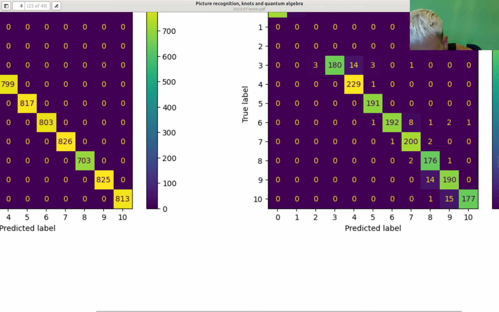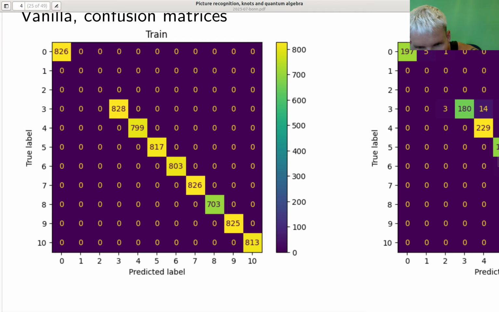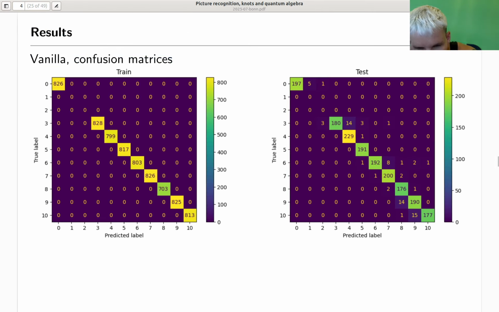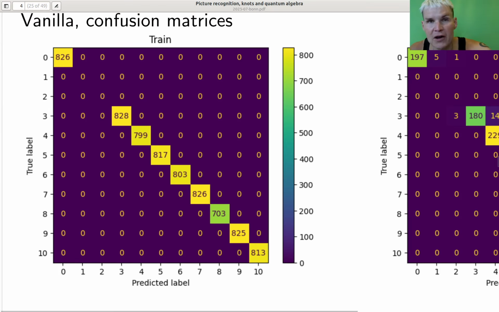So what really happens here, and that's why I don't like it: here it's 100%, it's perfect, and here it's not quite, right? So those two pictures are very different. The trained set is what you train it on, and the test set is something it hasn't seen. And what it really did, apparently, is learn the pixel distribution in the image set. That's why you get this perfect picture on the left, on the trained set.